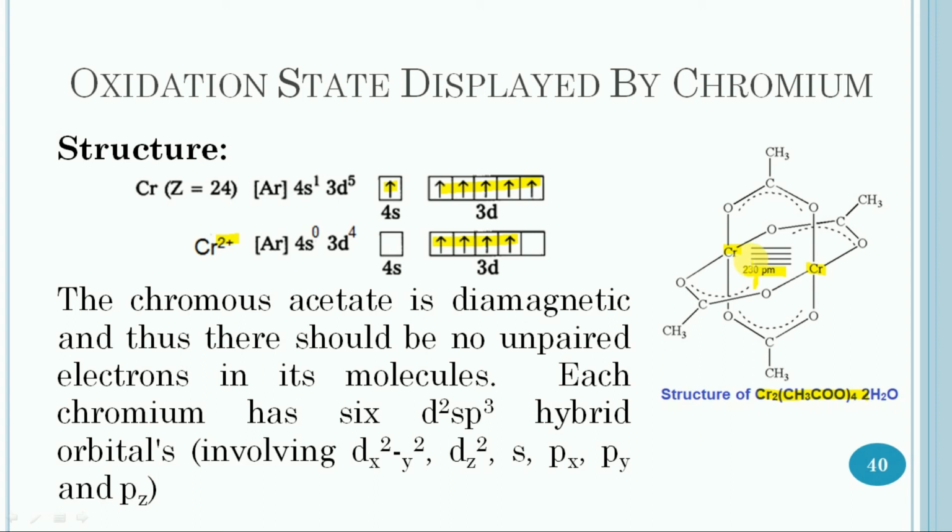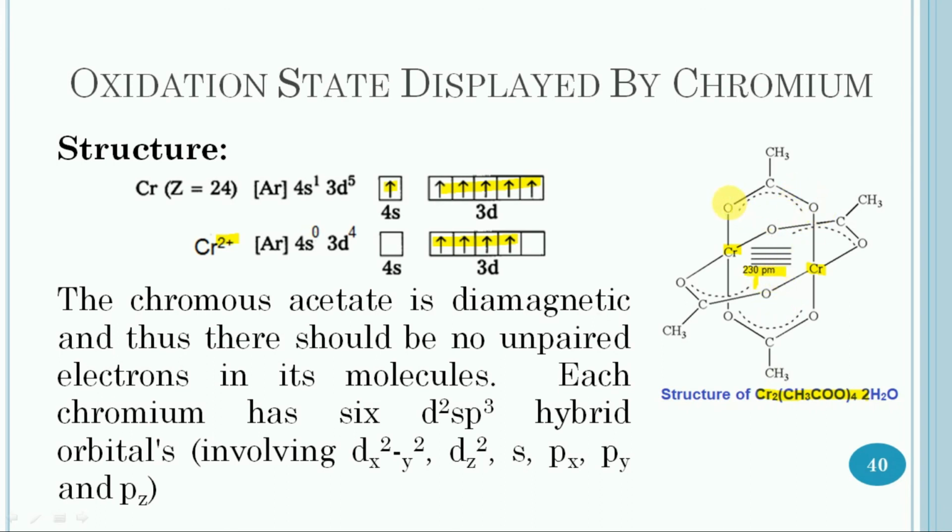This suggests the existence of a strong chromium-chromium bond. The X-ray diffraction of the crystal has revealed that each chromium atom is surrounded by 4 oxygen.